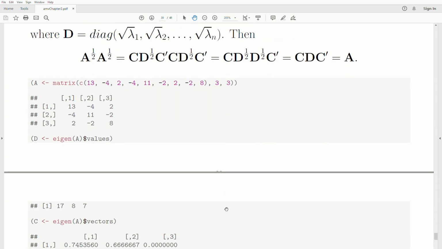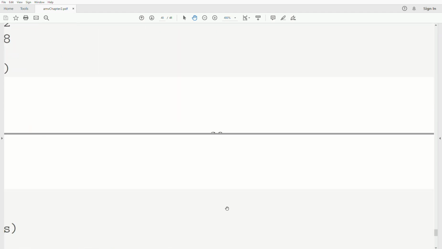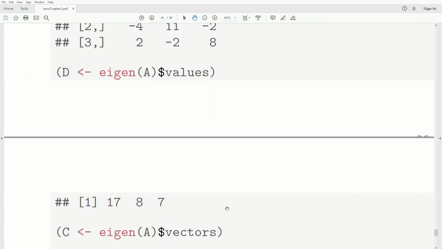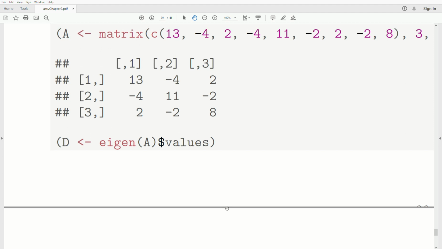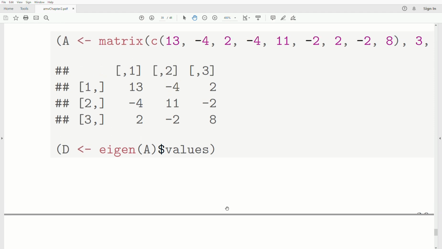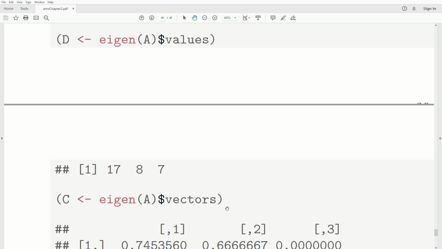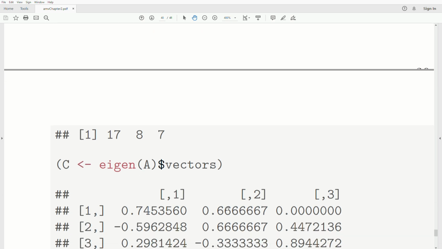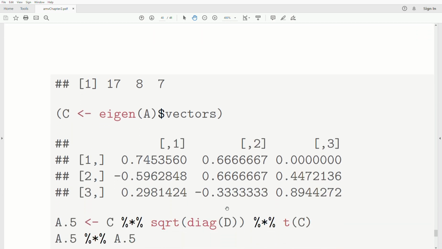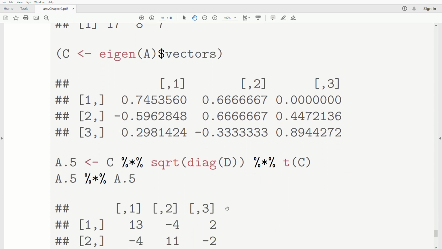Now to see this in R, we enter a matrix into A, we store the eigenvalues into D, 17, 8, and 7. We store the eigenvectors in C, and then we create this square root matrix. So it's C times the square root of this diagonal matrix, so it takes the square root of each diagonal entry, times C transpose.